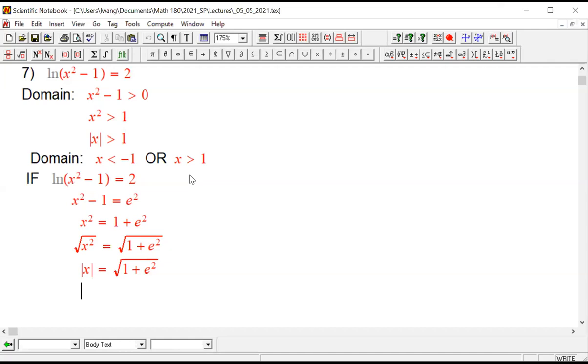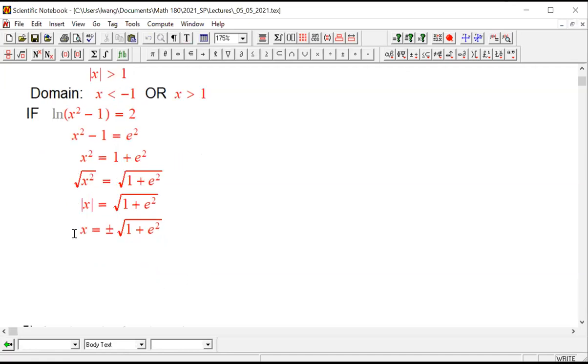How many solutions do we have? We have 2 solutions, plus or minus the square root of 1 plus e squared. So x sub 1, but we need to check, is the negative of the square root of 1 plus e squared, and the other one, x sub 2, equals the positive one.